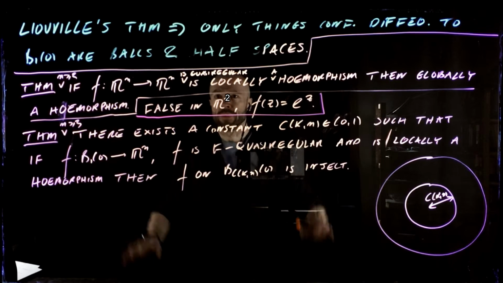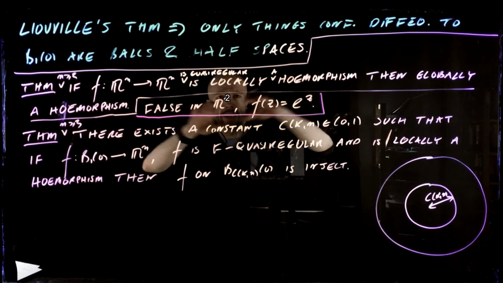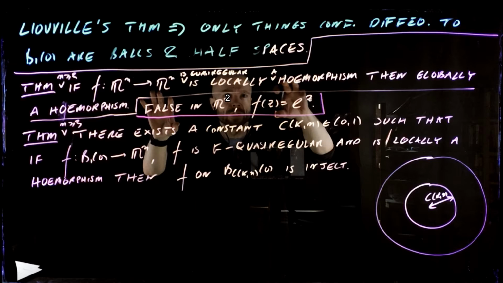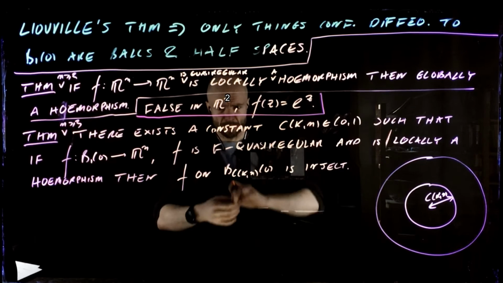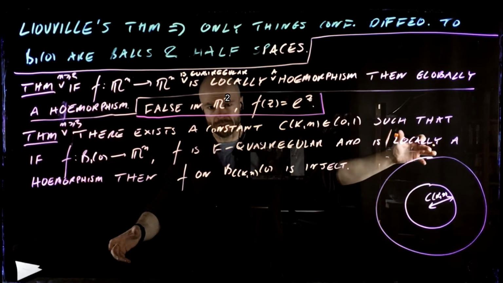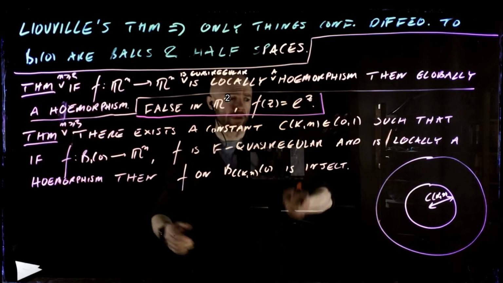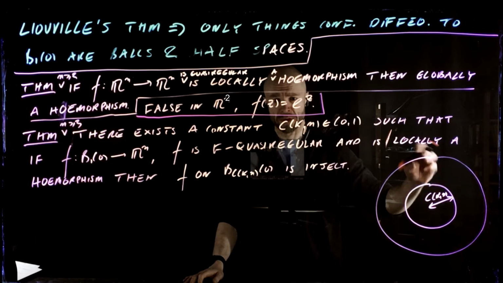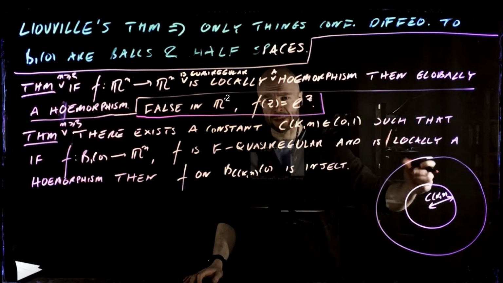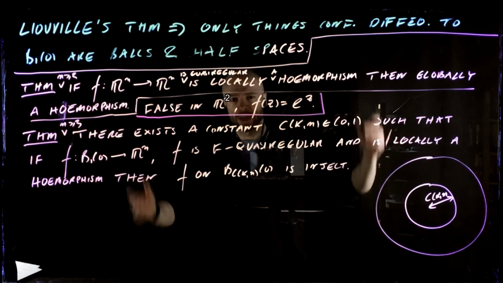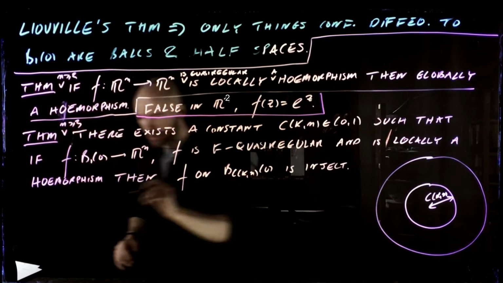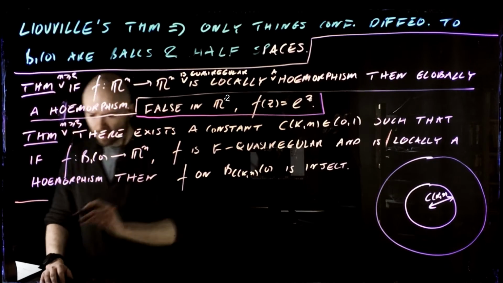So if you are quasi-regular on the entire R^n and locally a homeomorphism, then simply take balls of larger and larger radius centered on 0. Then by this theorem, on a subball of radius C(K,n)R, where R is the ball you've taken, we are injective, and then R goes to infinity, and then we have injectivity everywhere.